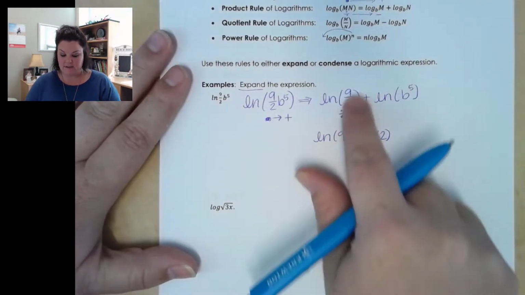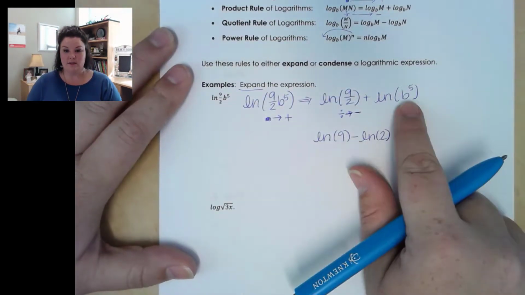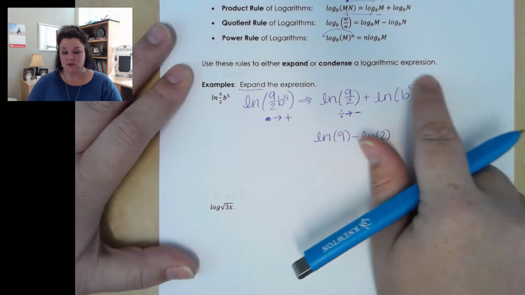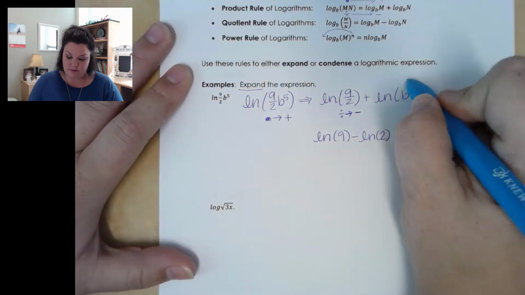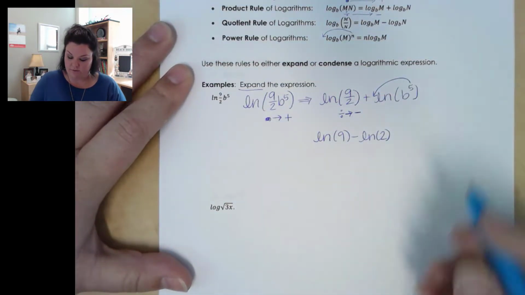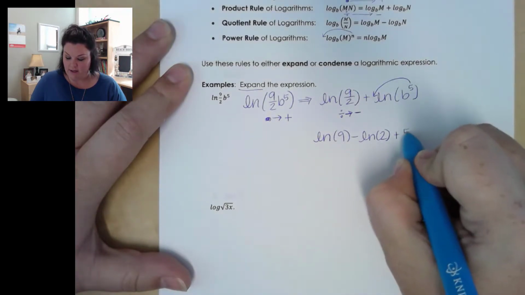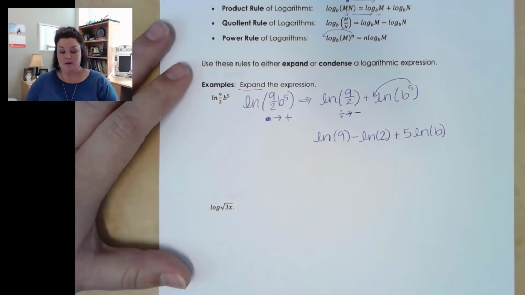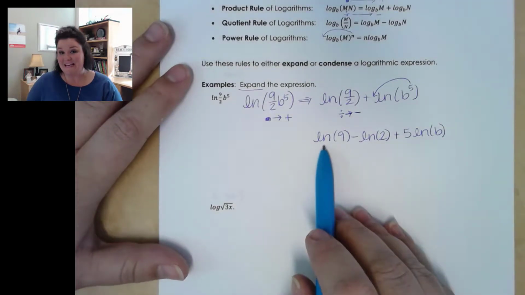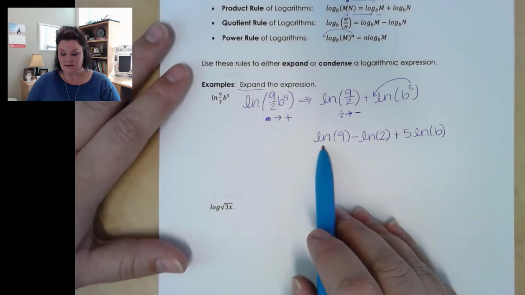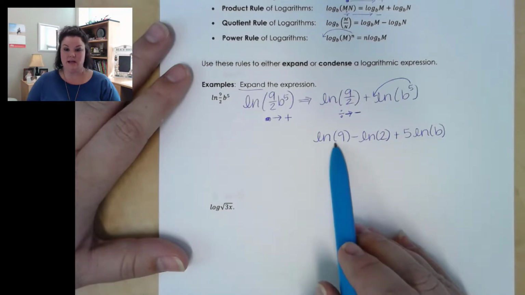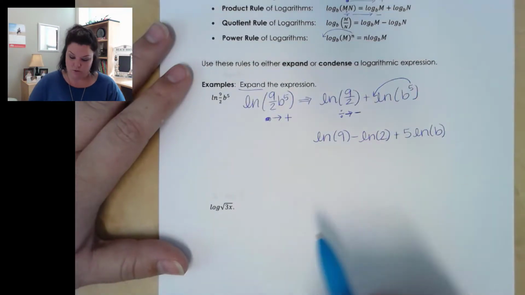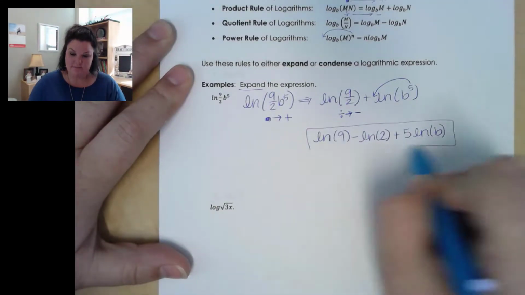So I've expanded this term. Then I look at this one. The only thing I can do to this last term is to take that exponent and bring it down as a coefficient. So I have a positive ln of b term. Okay, remember ln is base e, right? This is log base e, and e is not going to cancel with a 9, a 2, or a b. So we're just going to leave it like this.